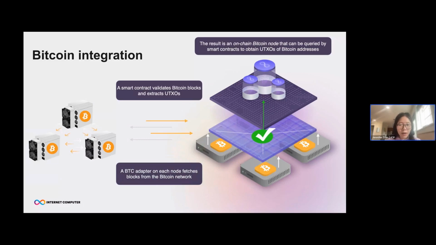When you combine an ICP canister smart contract with HTTPS outcalls, the ability to call an API and to call an RPC, I think of it like this: an ICP canister smart contract itself can be a node to Bitcoin, and that's the power of it. You can do so much with an ICP canister smart contract.